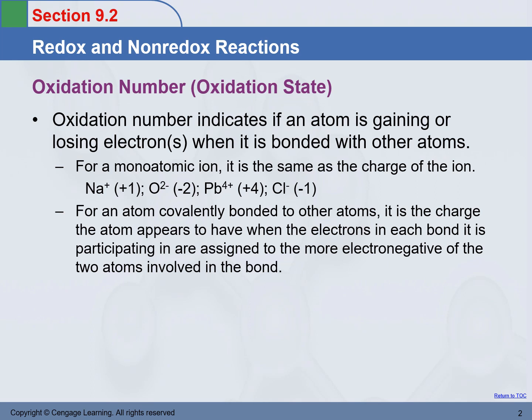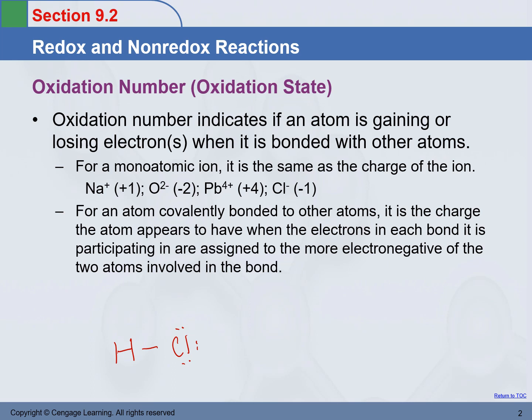Well, let's go through this by looking at a few covalently bonded atoms. Let's look at the molecule hydrogen chloride. This is a covalent compound because both elements are nonmetals.